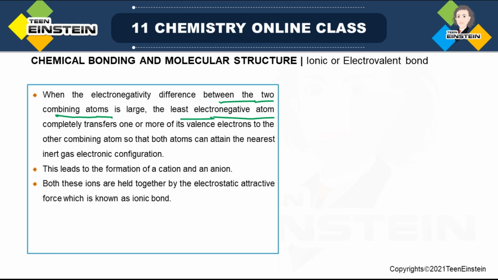Now, obviously, as the more electropositive atom has donated electrons, it will be converted to a cation and carry some positive charge, and the non-metal member has accepted electrons, there is excess electron, so it will be converted to an anion. So there is a positive charge, it may be +2, +3, whatever, and there is a negative charge.